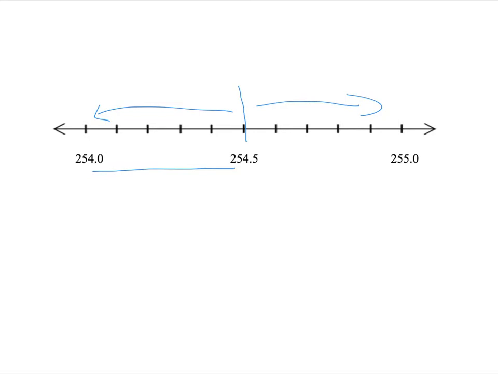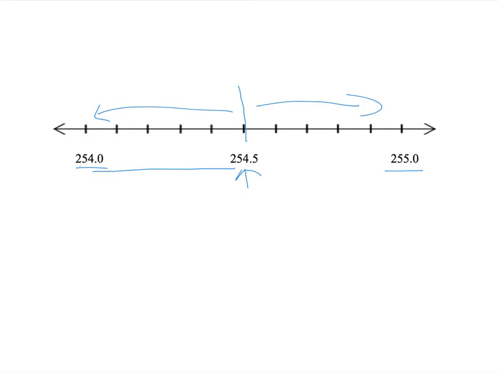There is a special case when the number is exactly halfway between the two numbers, 254 and 255. So in other words, 254.5 is exactly halfway between 254 and 255. If we were to always round these numbers up that end in exactly 0.5, then we are rounding up more often than we are rounding down, and our results will end up having a bias towards larger numbers.